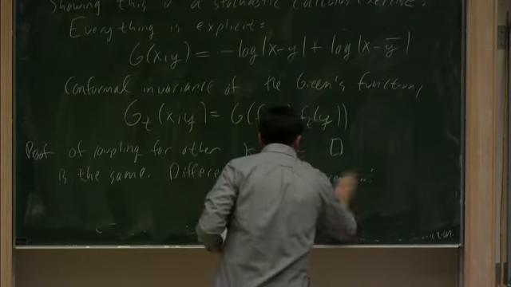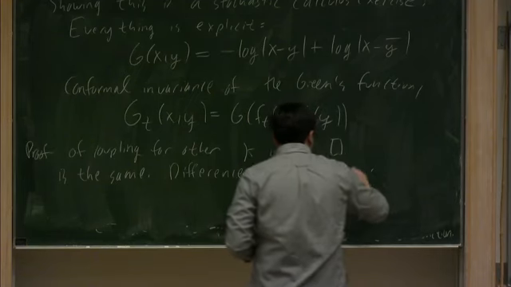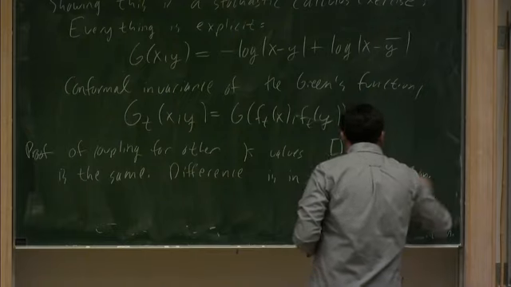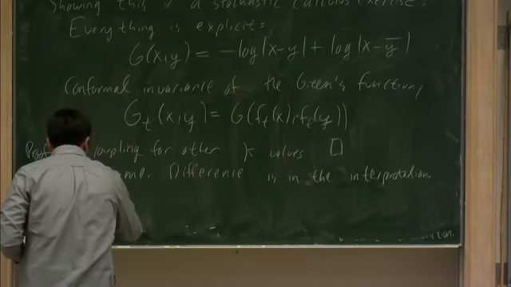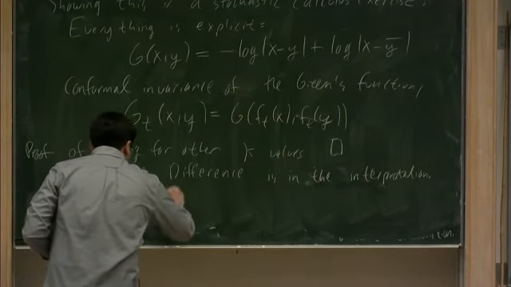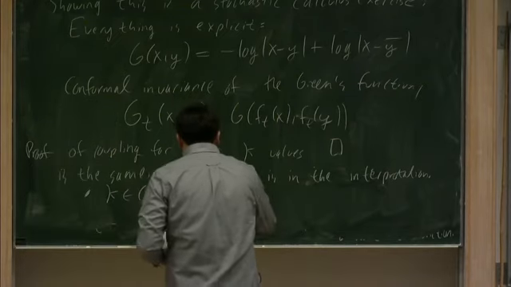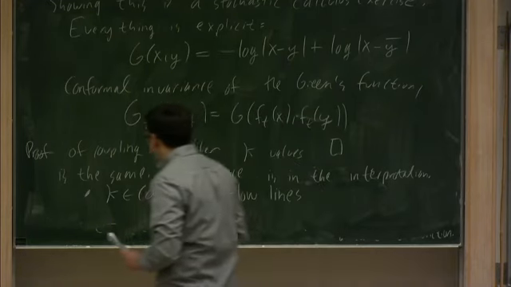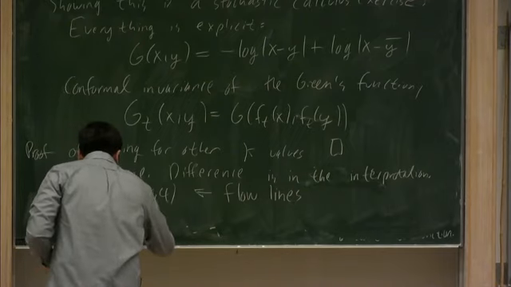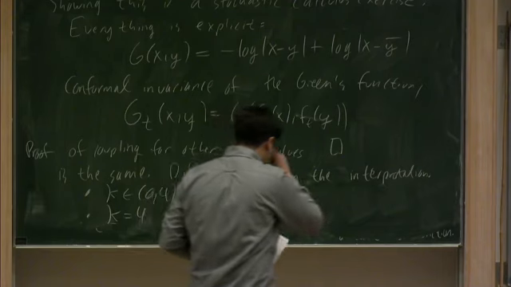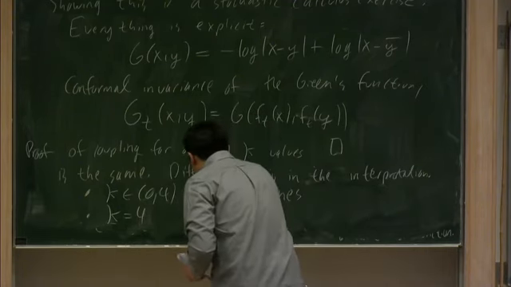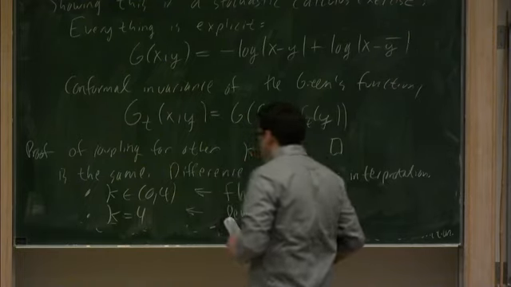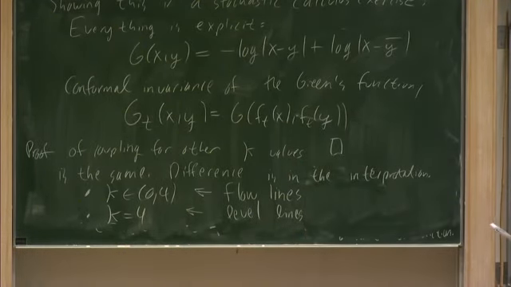When kappa is between 0 and 4, which is the case we focused on today, you get flow lines. When kappa is equal to 4, this is the original case due to Schramm and Sheffield. The interpretation is that these are Gaussian free field level lines.